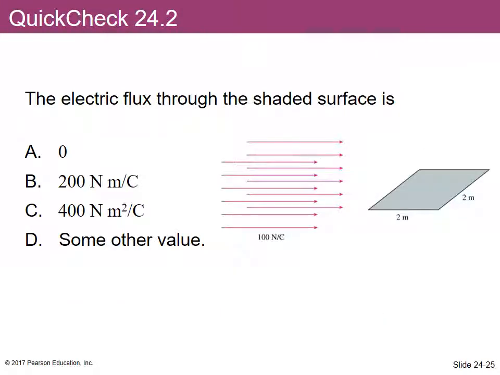The electric flux through the shaded surface is A, 0. The electric field is perpendicular to the normal of the surface.